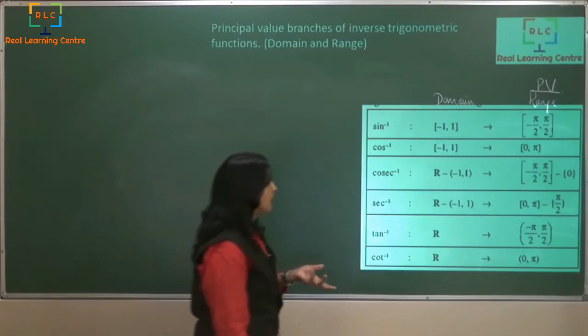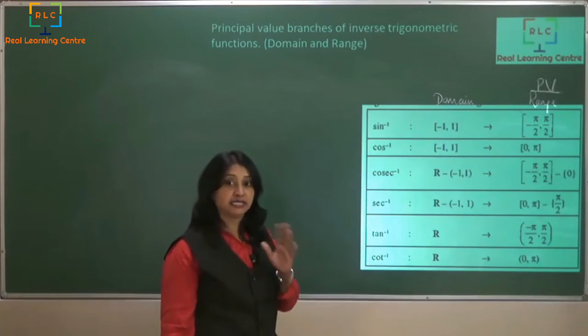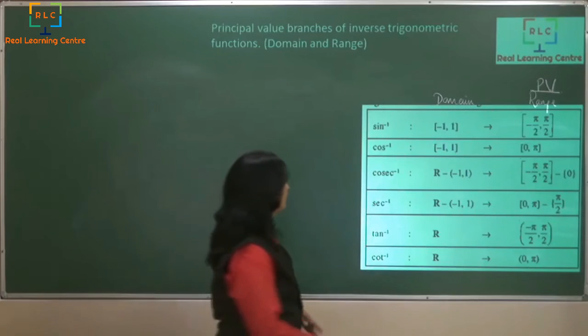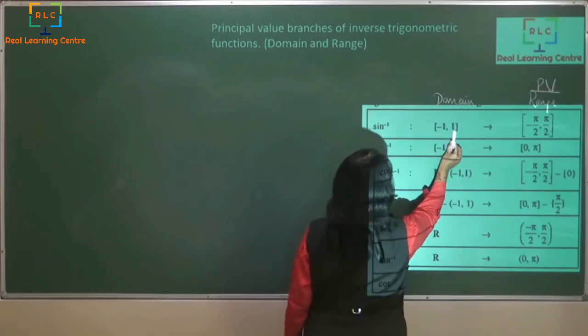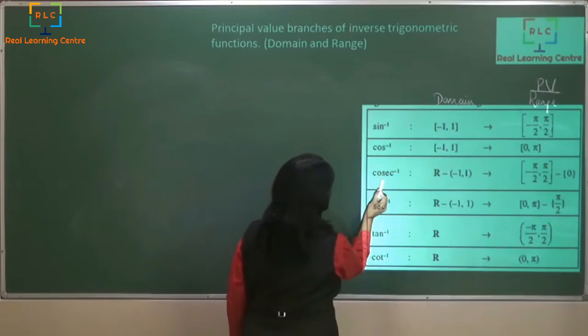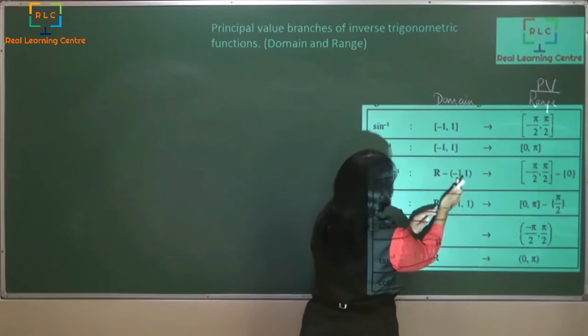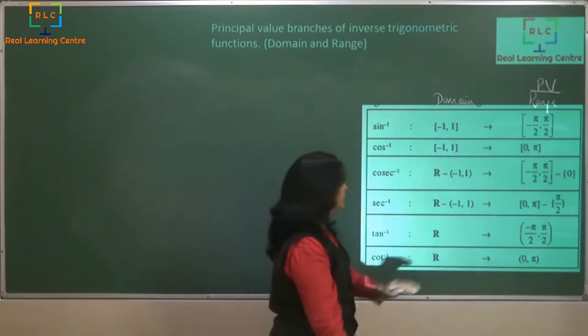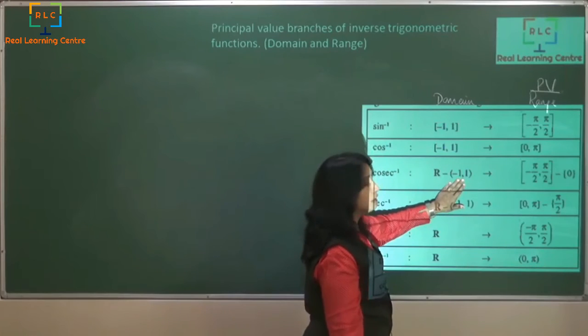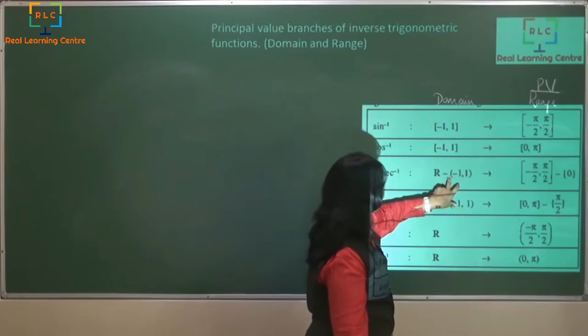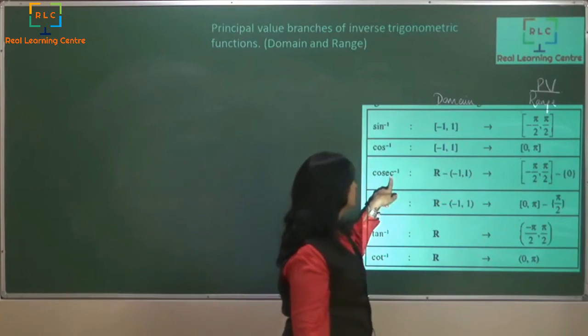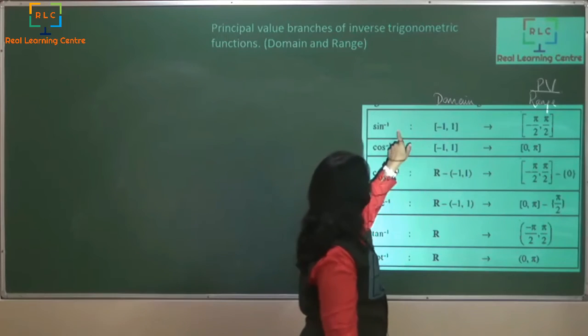So that means I should take the entire real numbers other than the values between -1 and 1. Sine has domain -1 to 1, whereas its reciprocal cosecant will have all the real numbers except the values between -1 and +1. -1 and +1 are included for cosecant also, as we have taken for sine also.